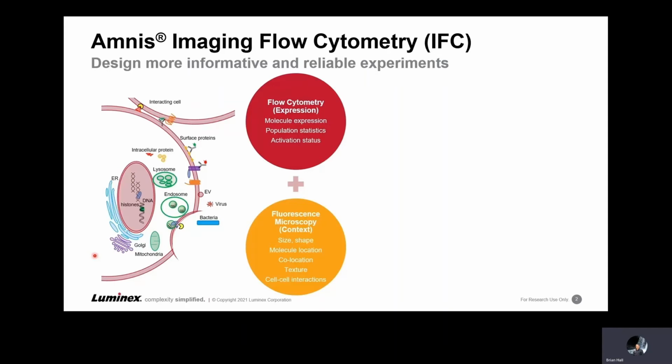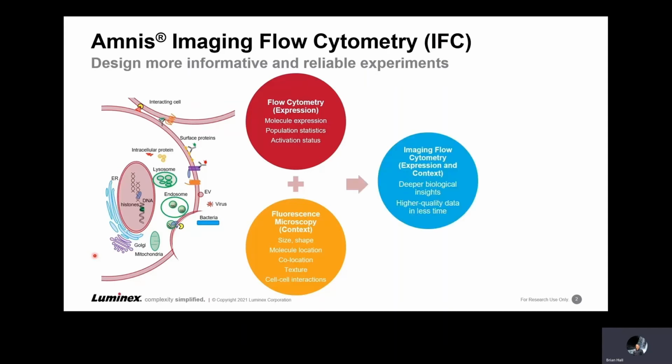However, it doesn't have any type of morphological information involved with the data set. And so traditionally, if you wanted to look at cell morphology, you would use fluorescent microscopy or confocal microscopy. Microscopy is great because it gives you information on the shape and the size of the cell, but it tends to be less quantitative than flow cytometry because you're looking at smaller cell numbers.